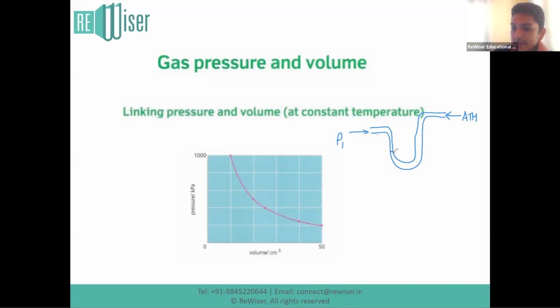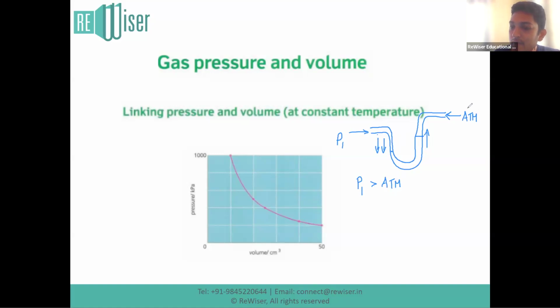If you notice that the level of mercury is much lower on this side when compared to this side, that means pressure P1 here is going to be greater than the atmospheric pressure. That is how pressure P1 is able to drive this level of liquid to a much lower value. So how do I measure the pressure exactly?